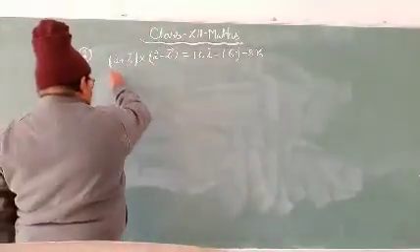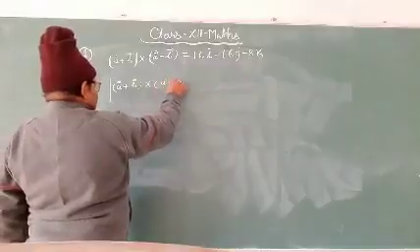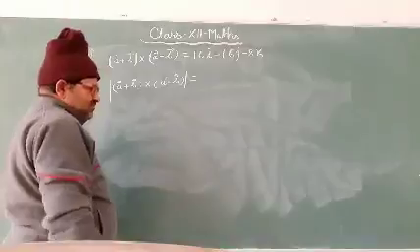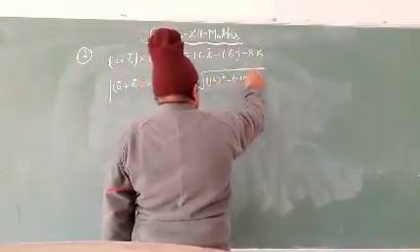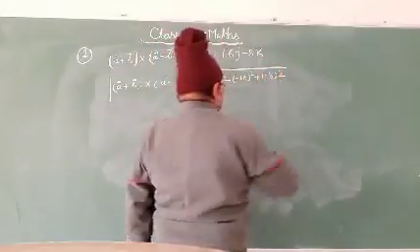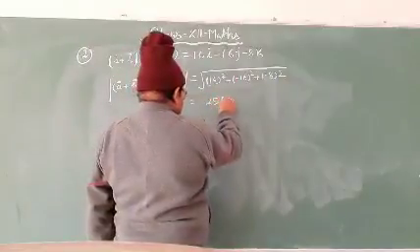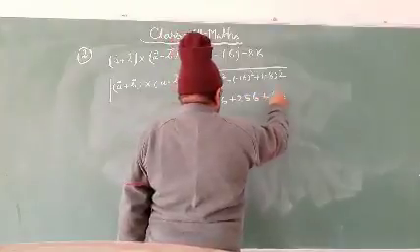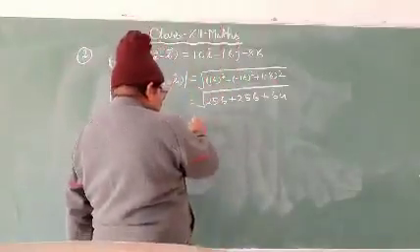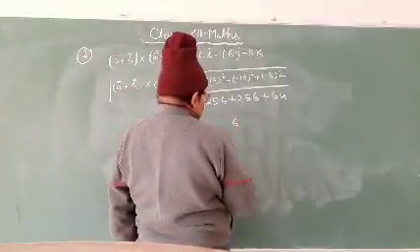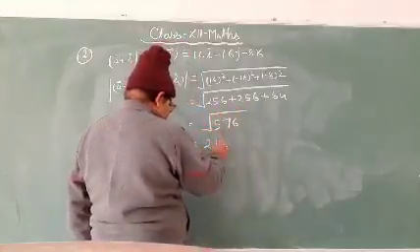Find the modulus of A plus B cross product A minus B, which equals under root 16 square plus 16 square plus 8 square, that is 256 plus 256 plus 64, which is the root of 576, equal to 24.